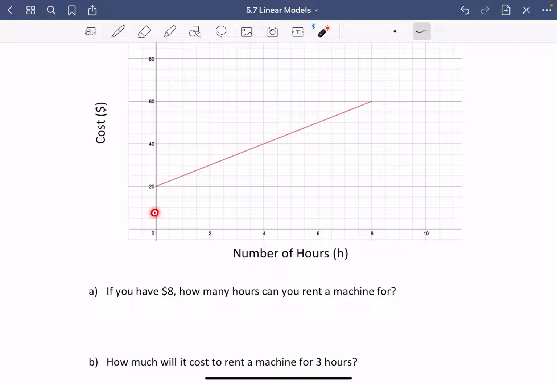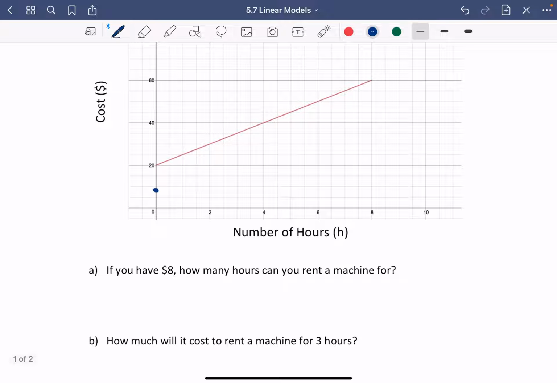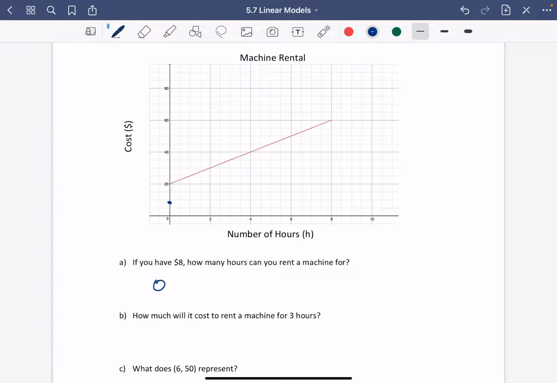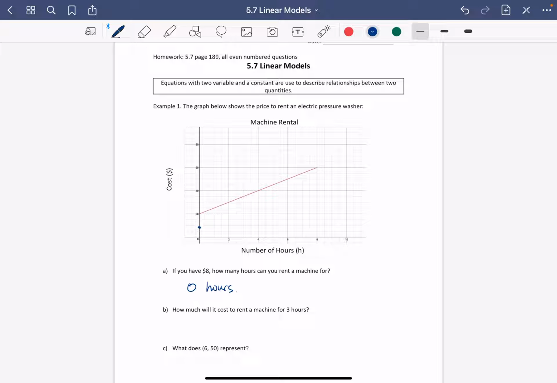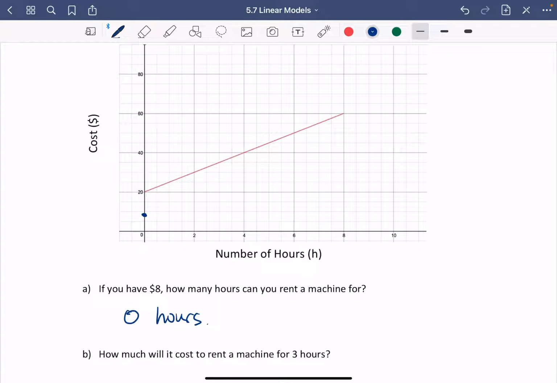If you only have $8, then it means you can't rent the machine. You can rent 0 hours. You will need to have more than $20 to rent the machine because that's the minimum you need.